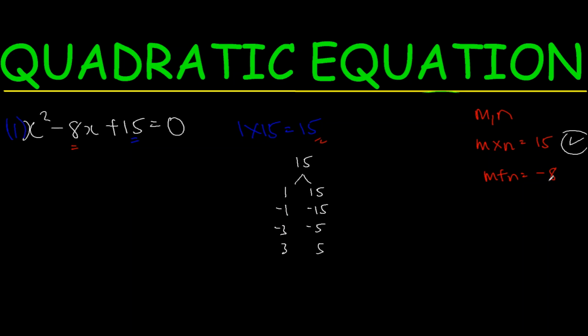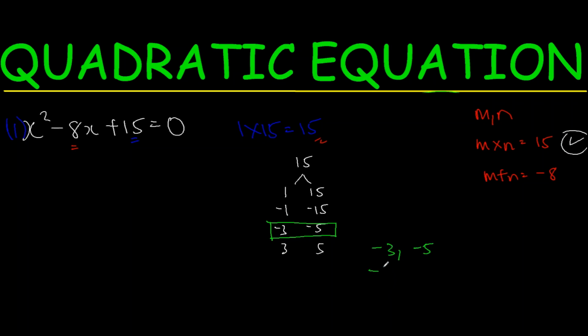To satisfy our second requirement, we need to look for two numbers that add up to minus 8. Looking at our list, we'll see that the only two numbers that can give us minus 8 are minus 3 and minus 5.